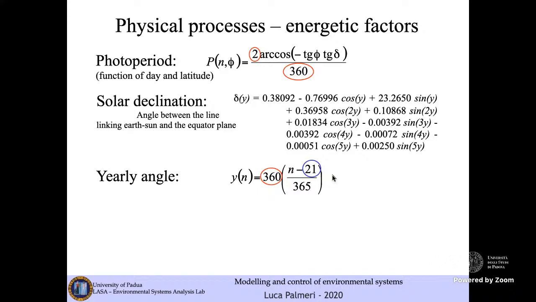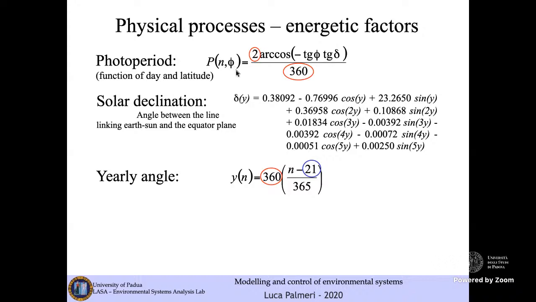The photoperiod changes along the year, depending on n, that is the day of the year, expressed in integers, and a function of the latitude phi.